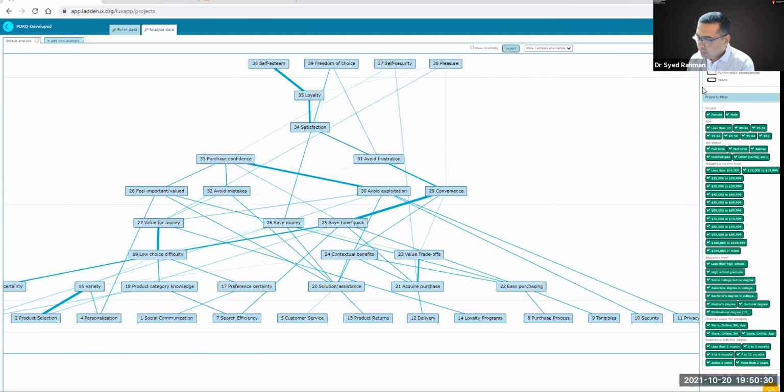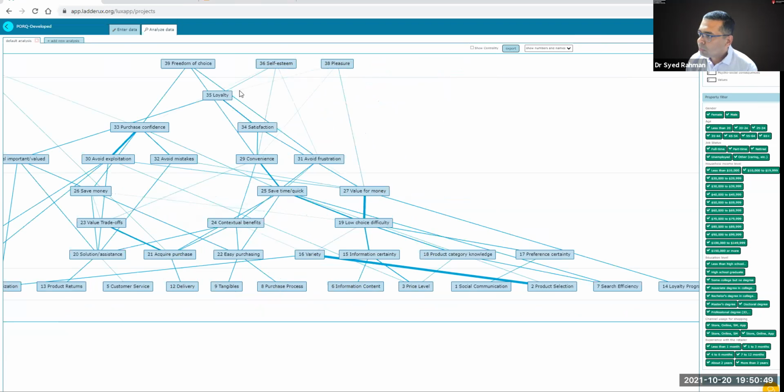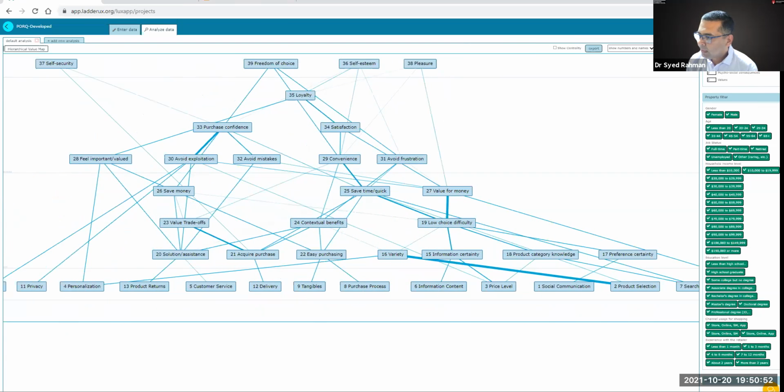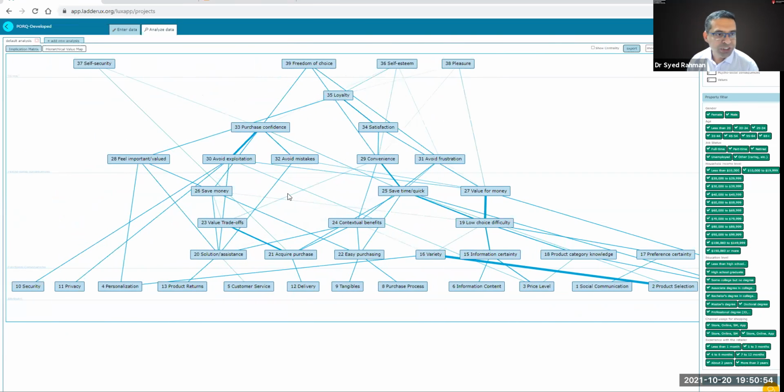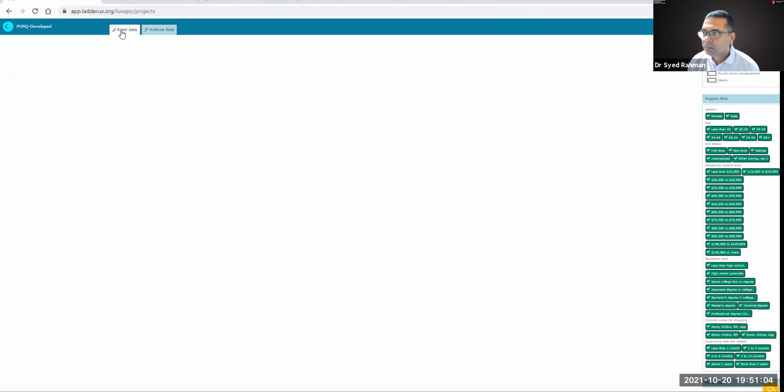If you do that, then the tool updates, and you could use this to see that the model is becoming much clearer or changing shape. So you can play with it in different ways to see how your value map looks.